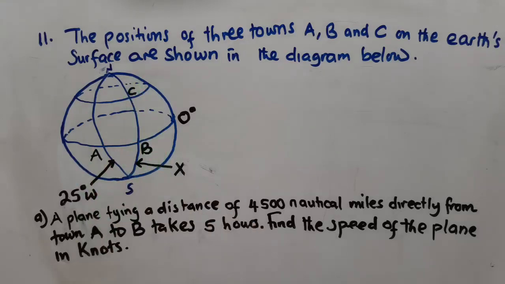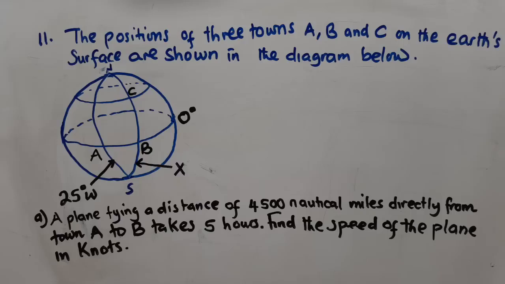A plane flying a distance of 4,500 nautical miles directly from town A to town B takes 5 hours. Find the speed of the plane in knots.